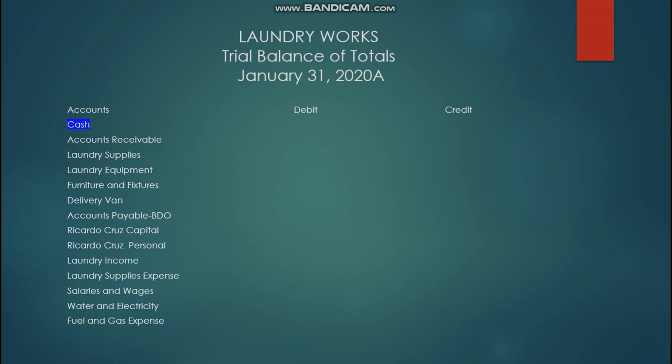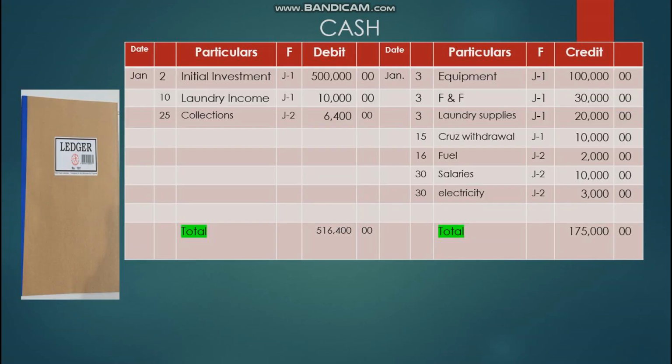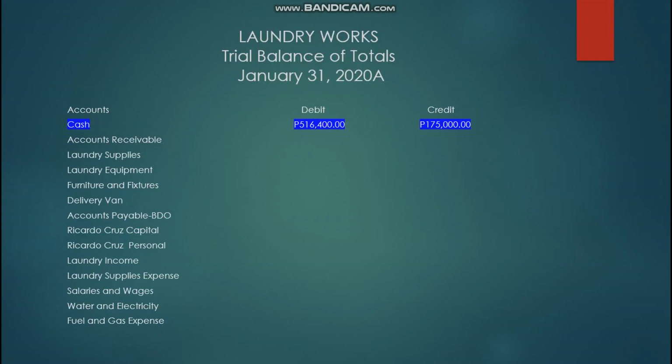So let's go to the ledger, and you find this cash account here showing total debits of 516,400 and total credits of 175,000. And let's put these amounts under the debit and the credit column of the trial balance for cash. So cash has a total debit balance of 516,400 and a credit balance of 175,000 pesos as per the ledger.